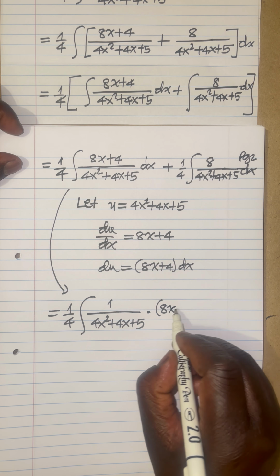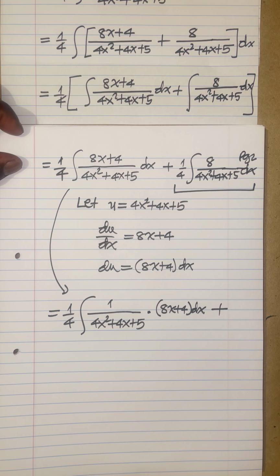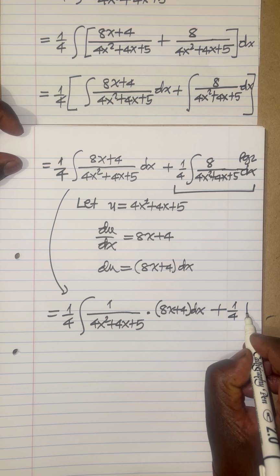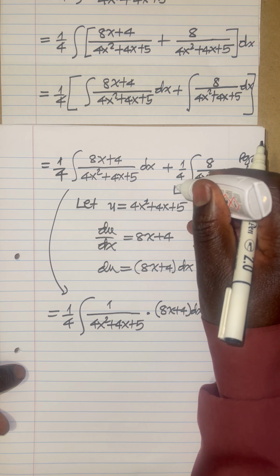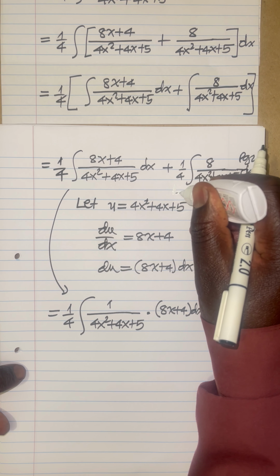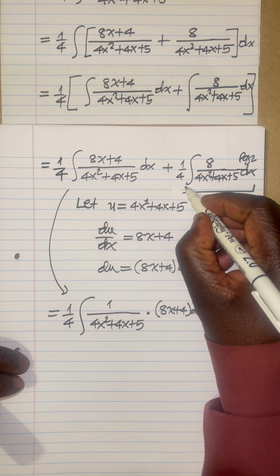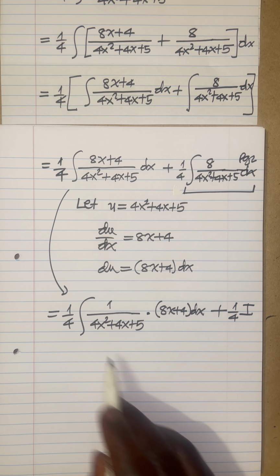This part here, I'm going to let it be equal to, I can keep a quarter out, and just say 1/4 I. We're going to have to work out what I is in the second part of this integration process. So let me remove that and say this part only, let it be equal to I. But this one here is easy to work out.